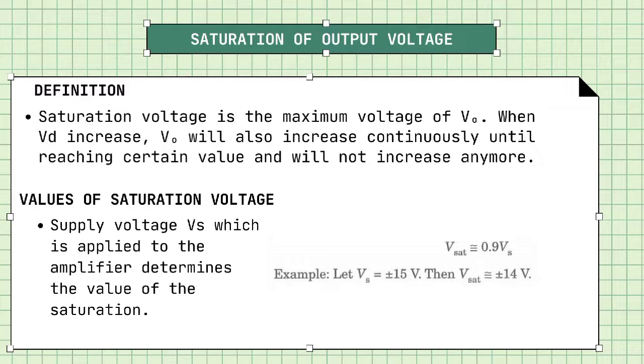For example, voltage saturation is 0.9 and the supply voltage is given 15. So the voltage saturation will be 14, which we get from 0.9 times 15.